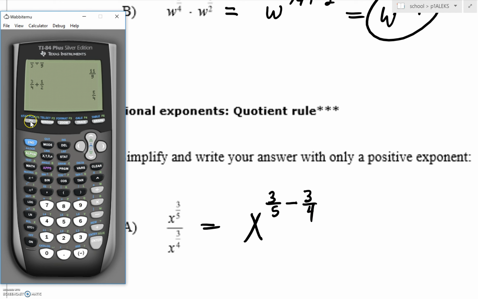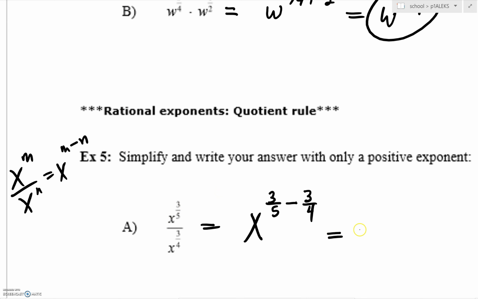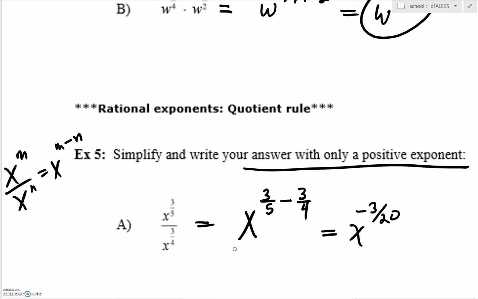And plain and simply, that's what you do. You go 3/5 minus 3/4. There is an added part of the directions. We should always read the directions. This is x to the negative 3/20. You're answering only with a positive exponent.